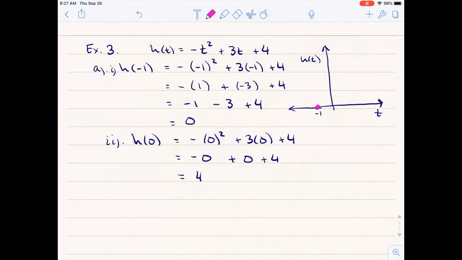make it a little bit clearer. What's this telling us? When x essentially is 0, y is 4, and so here at 0, so t equals 0, h of t is 4.